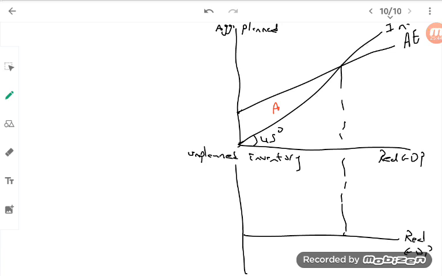So unplanned inventory will be negative. At this point, income is equivalent to aggregate planned expenditure, so this is a break-even point. At this point, there is no inventory. Inventory will be 0. After this point, income is greater than aggregate expenditure, so there is a positive unplanned inventory.